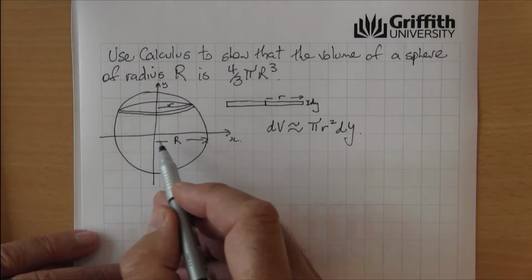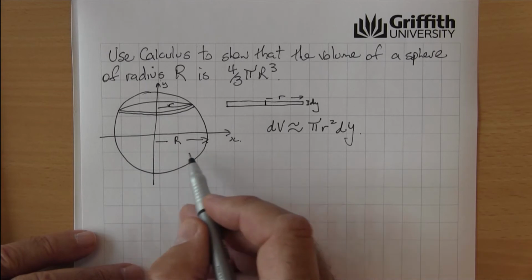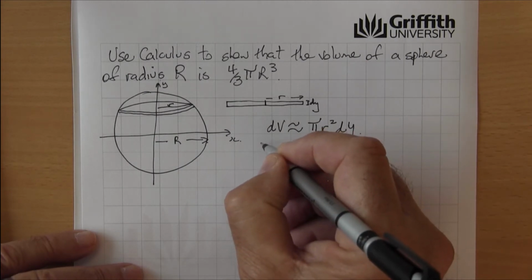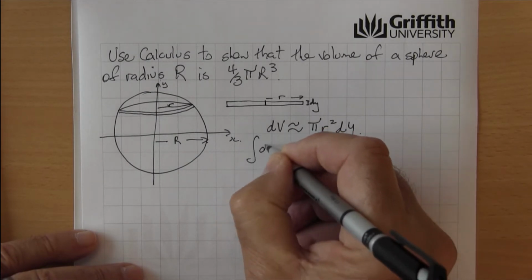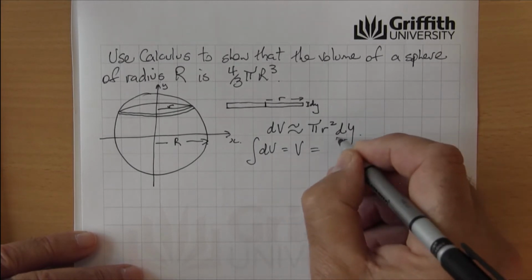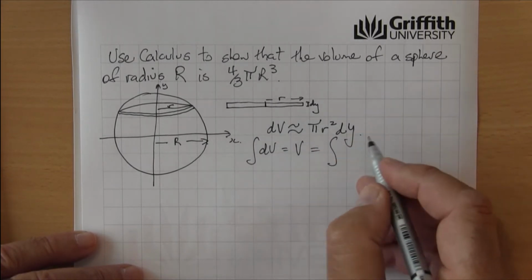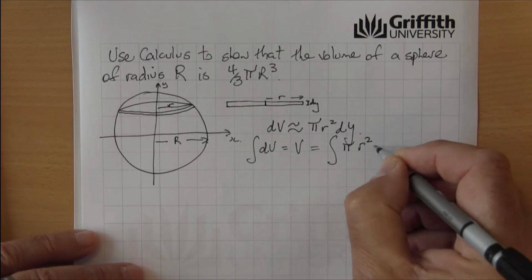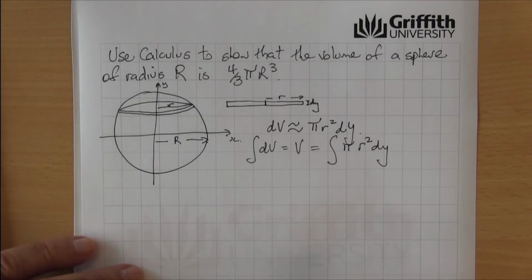So take slivers everywhere right through, horizontal slivers, and add them all up. The way to add them is to integrate. So the integral of dV is equal to V, and that'll be the integral of pi r squared dy.